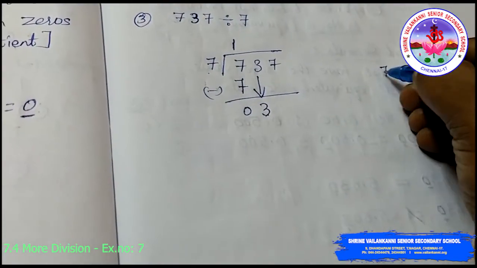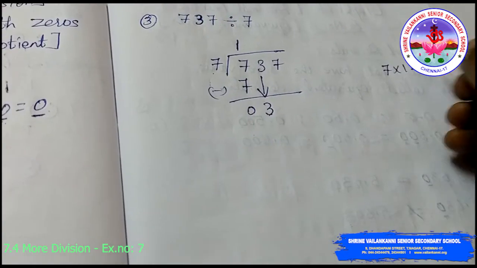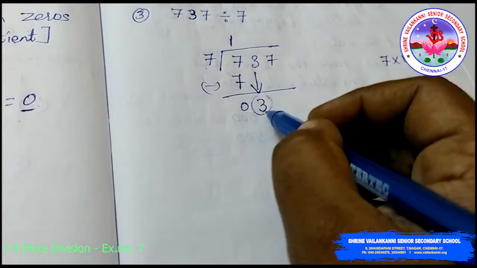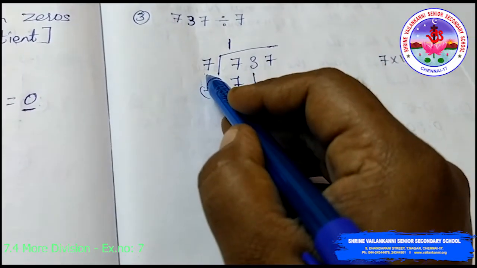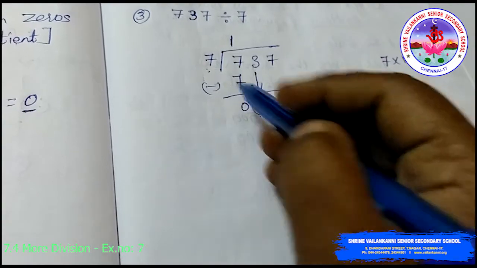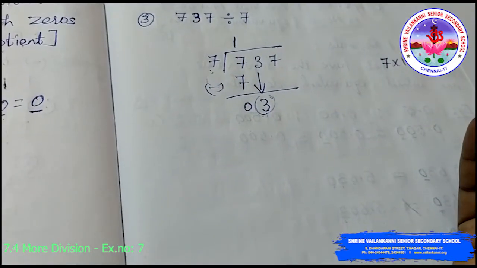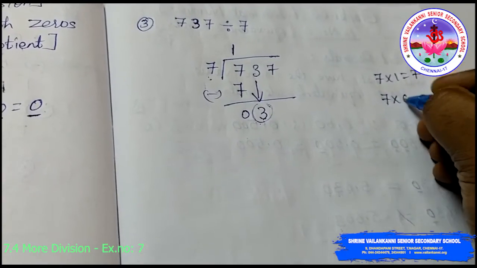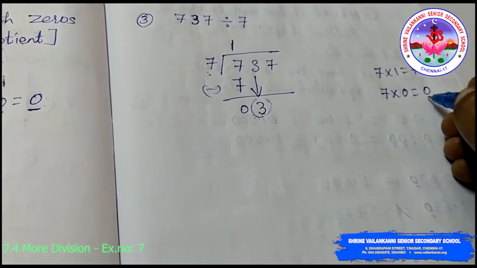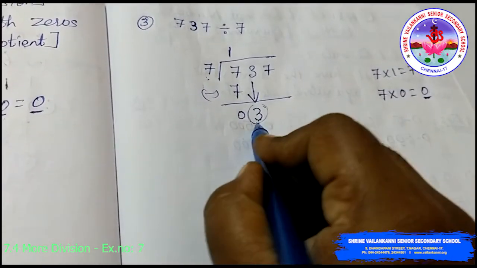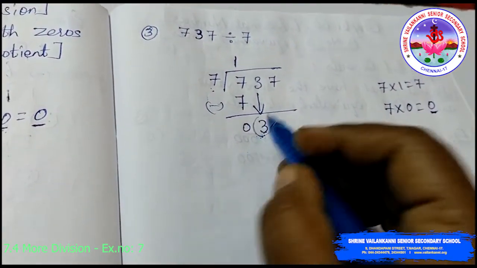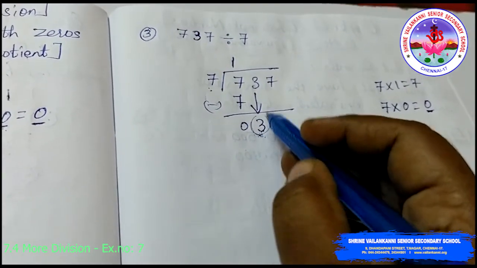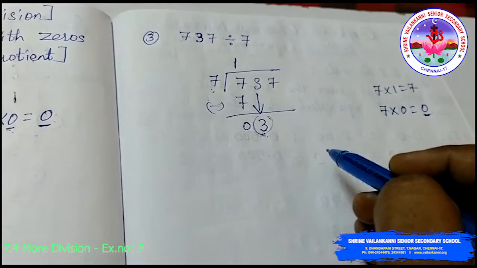No, because 7 into 1 is equal to 7. See, always the dividend should be greater than the divisor. Since this 3 is lesser than this divisor, we can't do division. So again, I'm going to use that property, 7 into 0 is equal to 0, because this 0 is lesser than this 3. Once I have brought down the number, I should do division. Without doing division, I cannot bring the next number down.